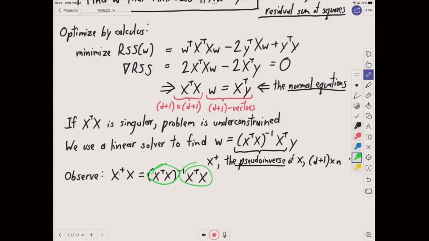So when you multiply them together, you just get the identity matrix. And just to be clear, all these matrices here are d plus 1 by d plus 1 matrices. So that explains the name left inverse. If I put the pseudo-inverse on the left of X and multiply them together, I always get the identity matrix.